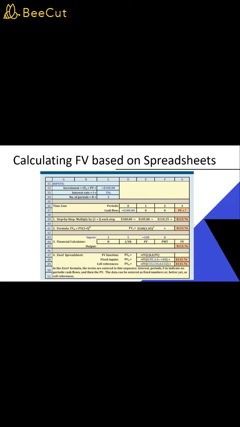Next, comma, you put in n, which is 3. Then you put in 0, and then you put in negative 100. And that will give you 115.76. So this is how you can calculate the future value using a spreadsheet.